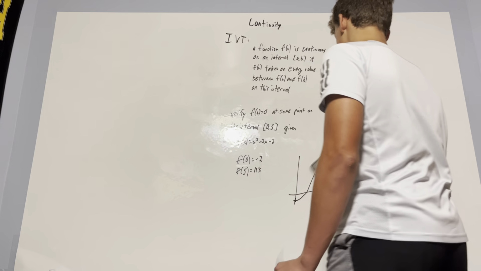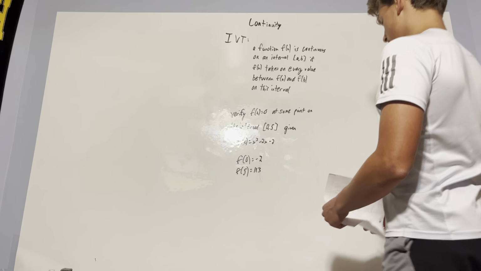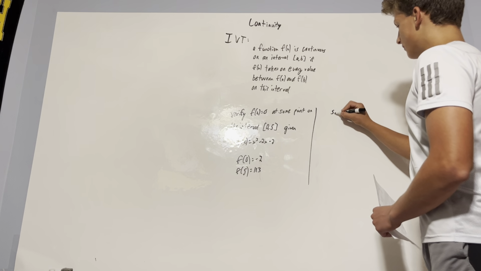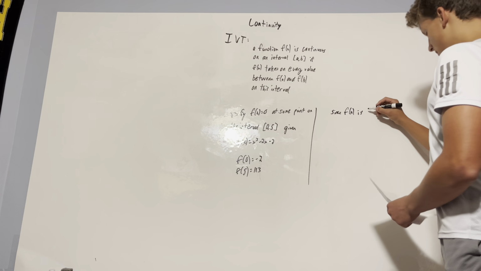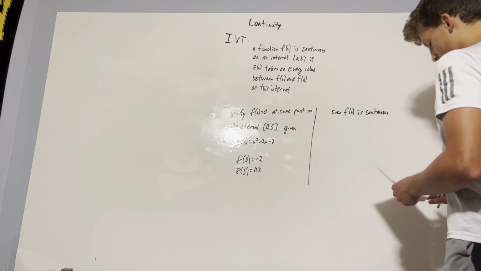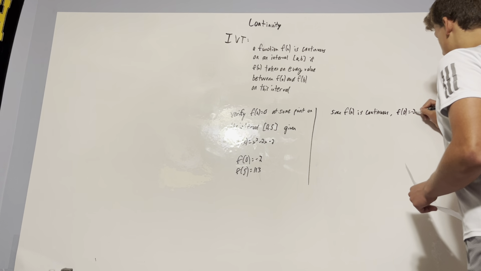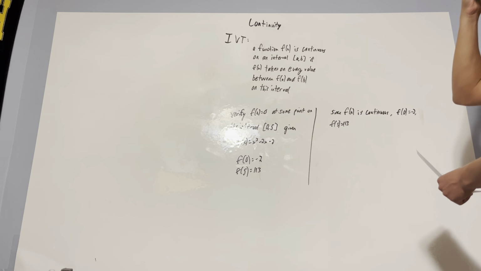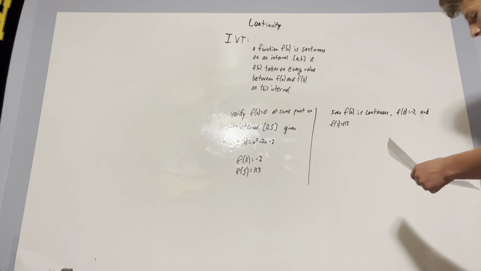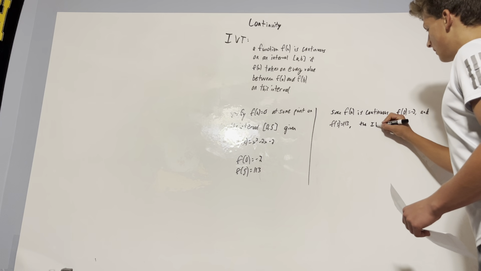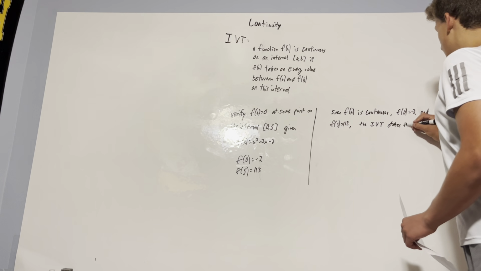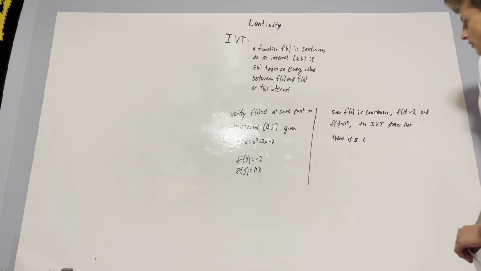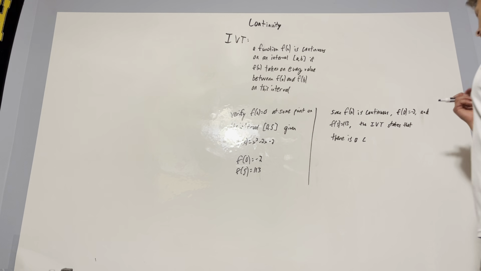And the formal way to write this, with all these fancy math symbols, is, we'll say: since f of x is continuous, f of 0 equals negative 2, and f of 5 equals 113, the intermediate value theorem states that there is a c, where c is a number, just like we were talking about before with the limits.